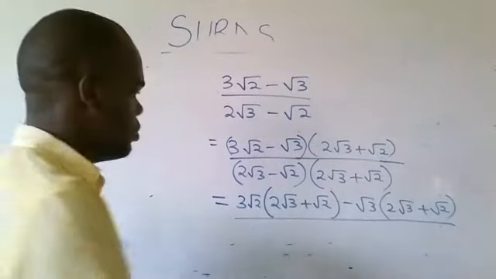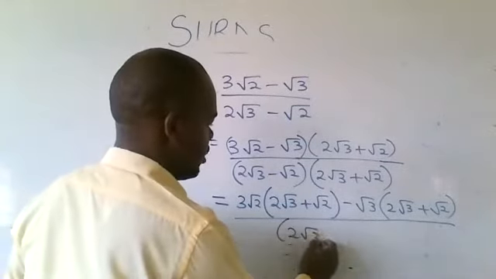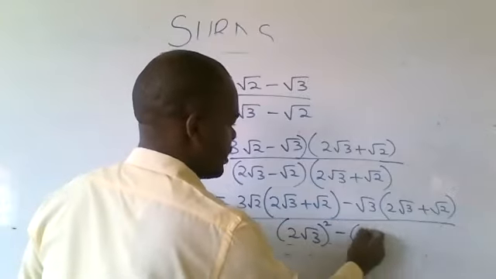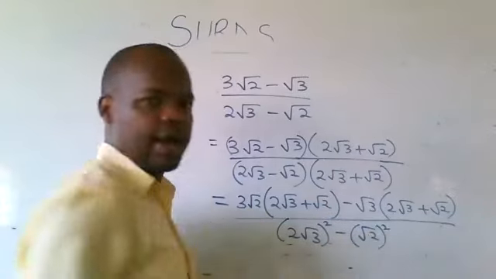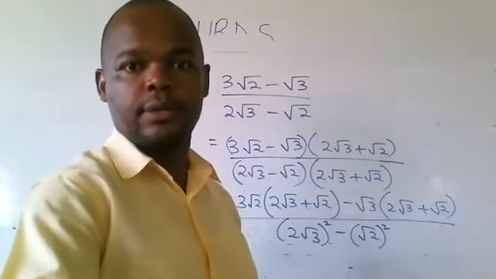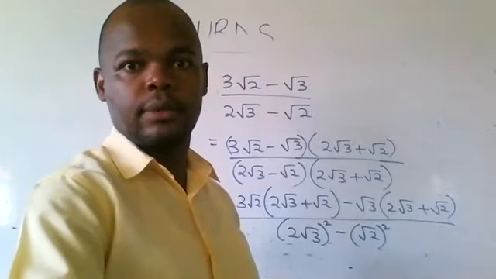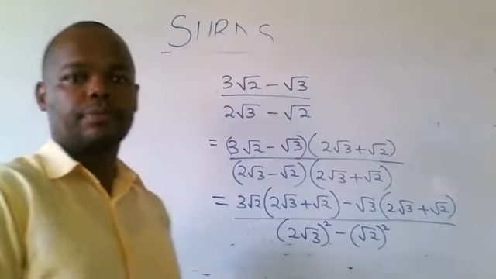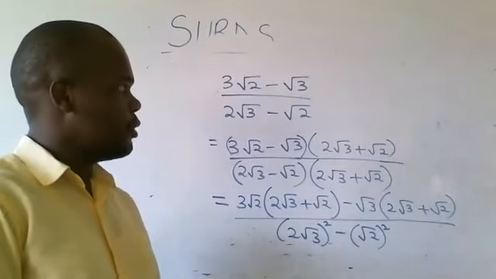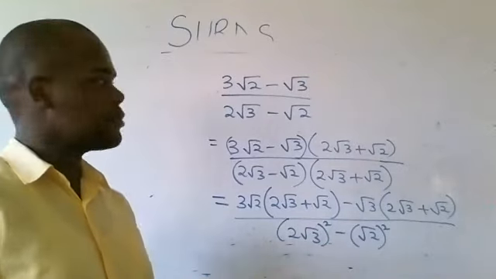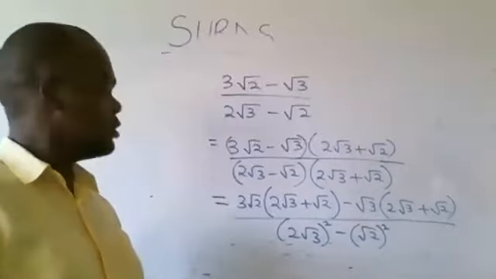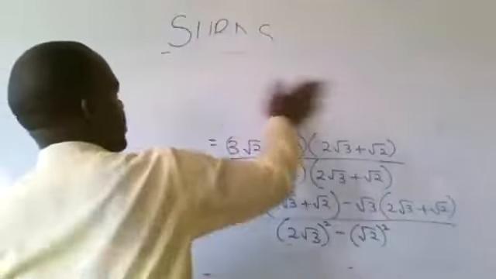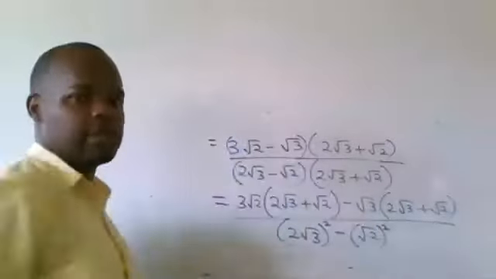So this is what we do, we'll be having 2 square root of 3 squared minus square root of 2 squared, like that. So from there, now we work it out. Let me just write up here so that you can see.